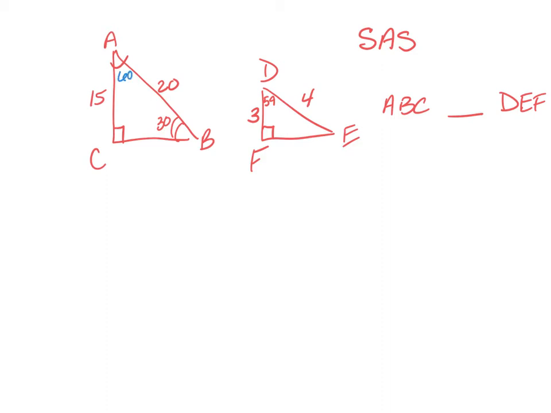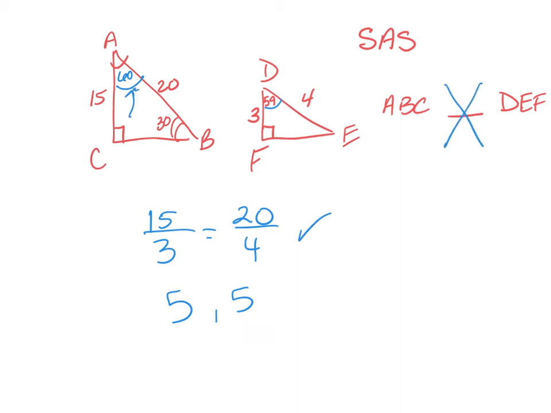And if this is 59, right here, these two angles are not equal to each other. The sides are good. You got a 15 and a 20 and a 3 and a 4. This works, right? What's 15 divided by 3? 5. And what's 20 divided by 4? 5. So they work out, but the angle doesn't work out. So here they are not similar.